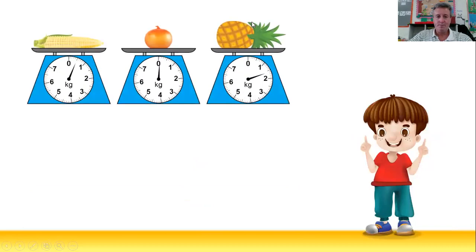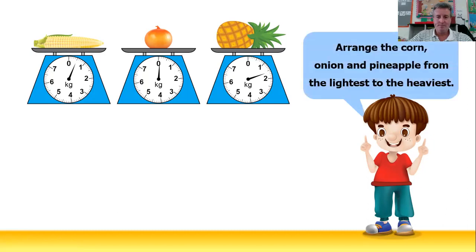Now we can compare 3 and find out which is the heaviest and which is the lightest. Say, arrange the corn, the onion, and the, what's this piece of fruit? It's a pineapple, isn't it?